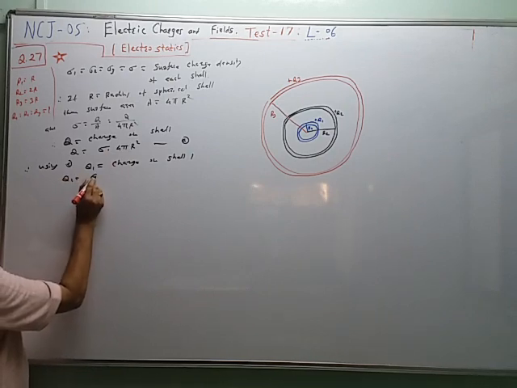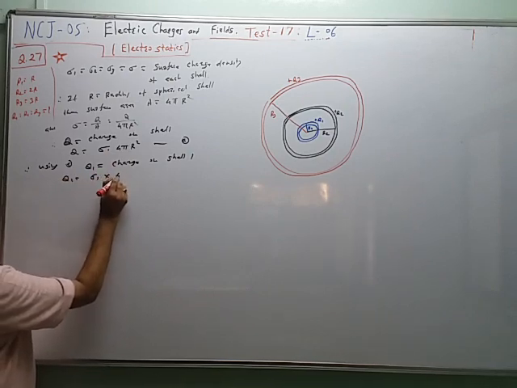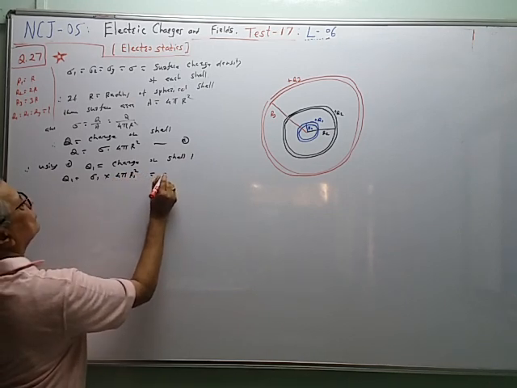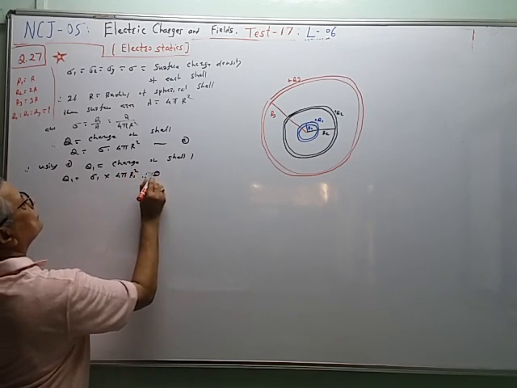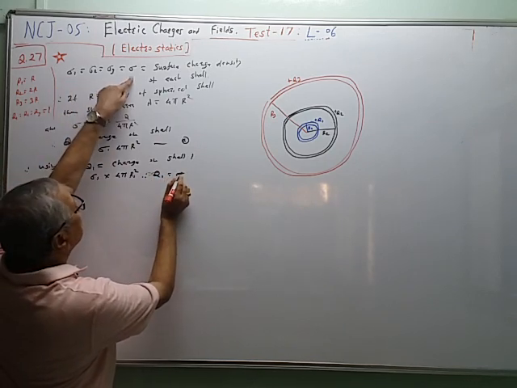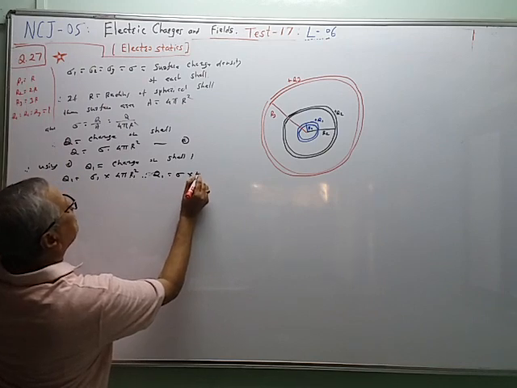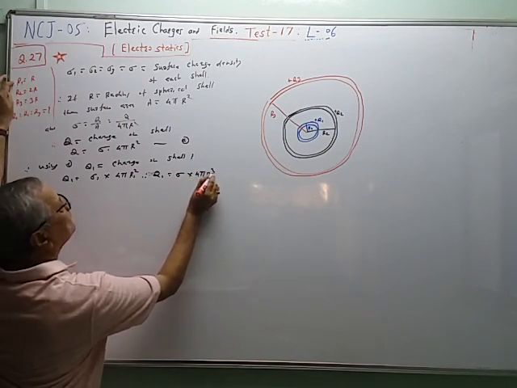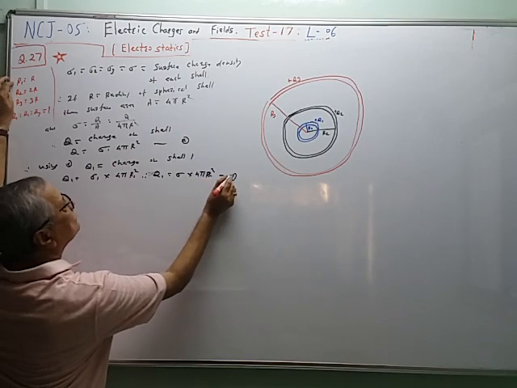So Q1 is equal to sigma 1 multiplied by 4 pi R1 square, substituting the values, Q1 is equal to sigma multiplied by 4 pi R square. So this is equation 1.